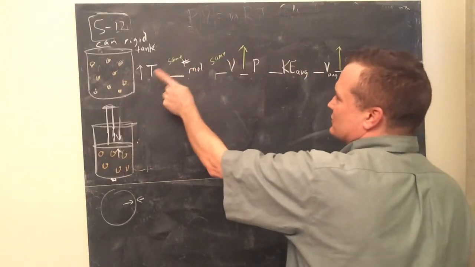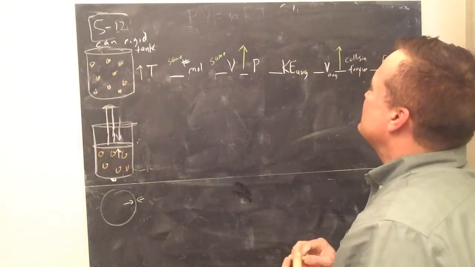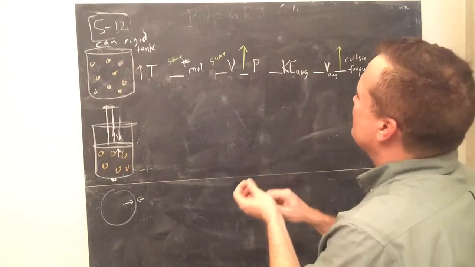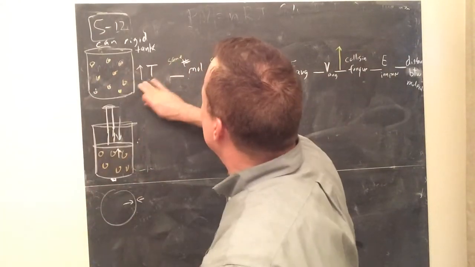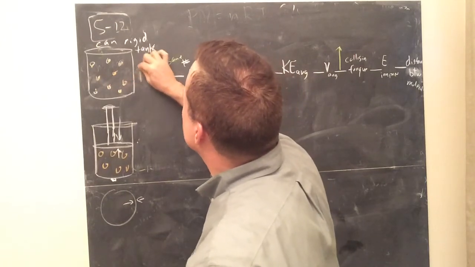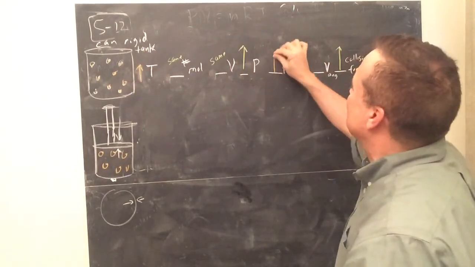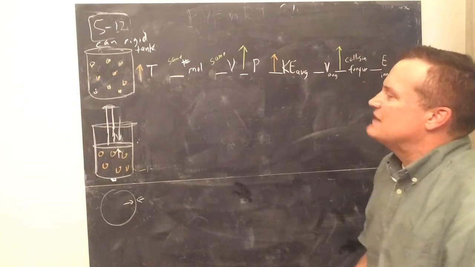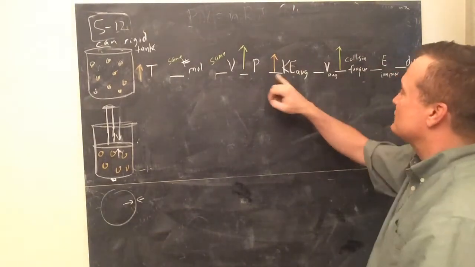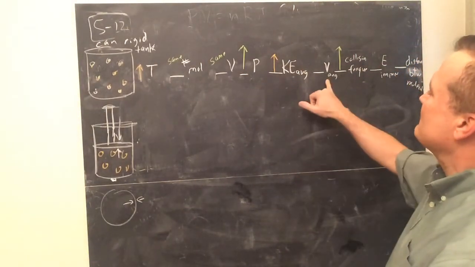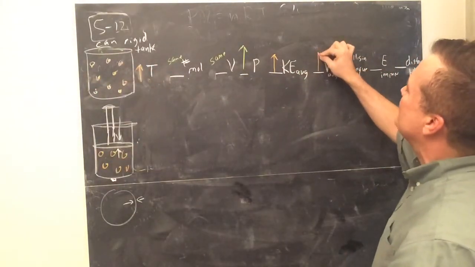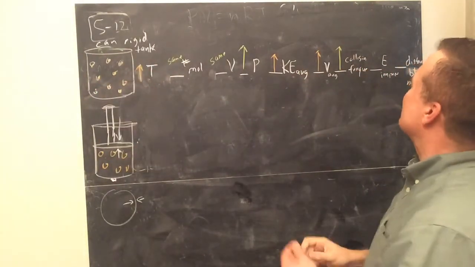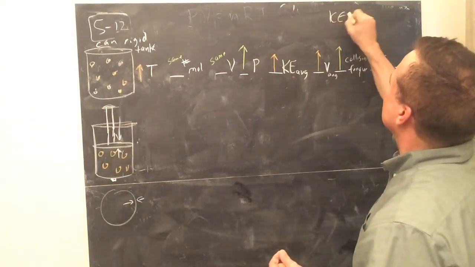Now, kinetic energy is going to go up, because temperature is a measure of the average kinetic energy of the particles of a substance. The average velocity of the molecules is also going to go up because kinetic energy is 1/2 mv squared.